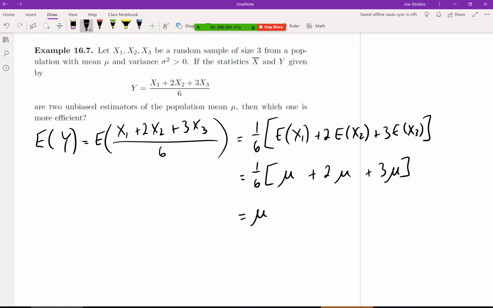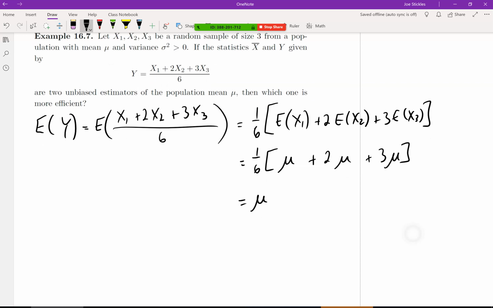So we really do get mu out of this when we simplify. All right, so now let's check our variances and see which one is more efficient.